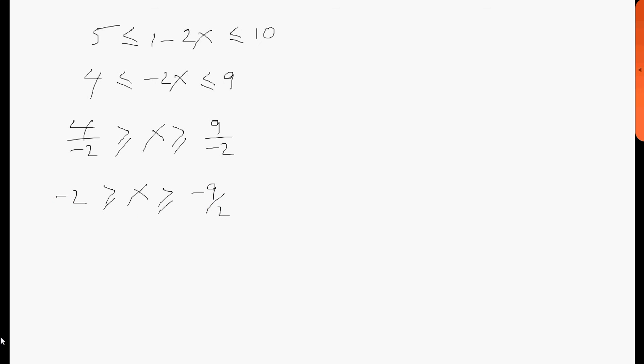Again, notice that negative 9 over 2 is smaller than negative 2. So in interval notation, that's from negative 9 over 2 to negative 2, using square braces to indicate that it can be equal to both numbers. Okay, and that's it for solving linear inequalities.